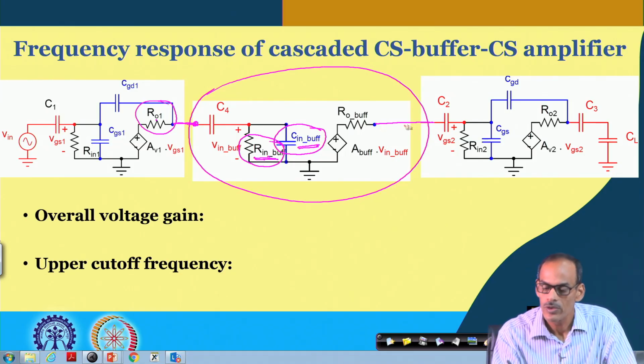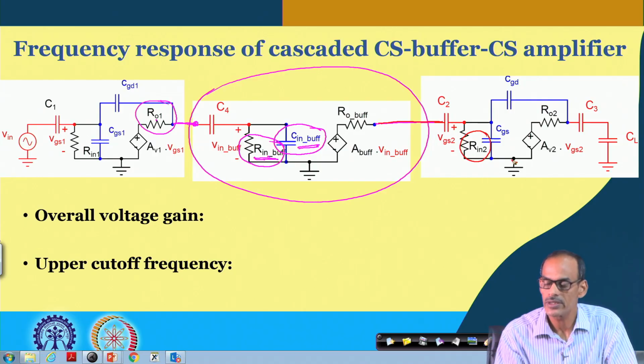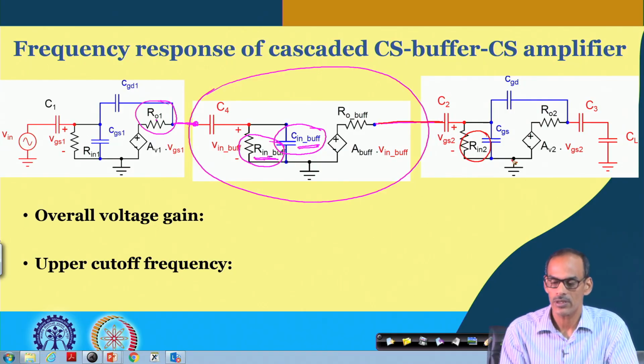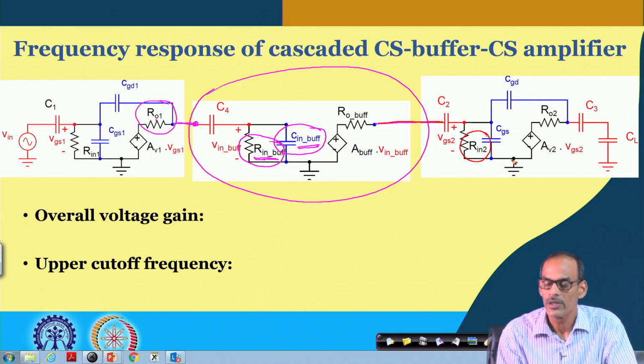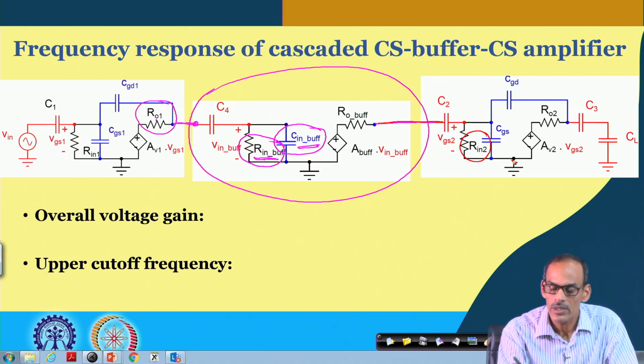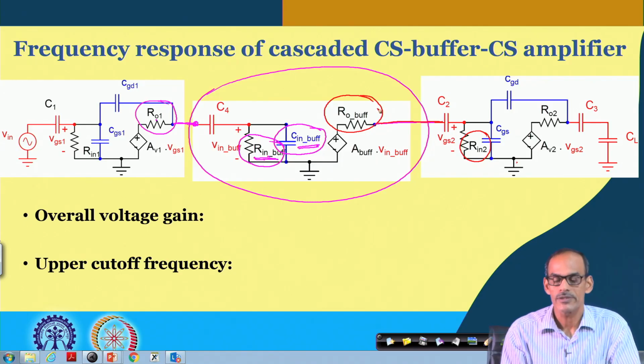To avoid the loading effect at this node, what are we looking for? The input resistance of the second CAS amplifier or CE amplifier, we may not have much control over, but if we make this resistance as small as possible, then the attenuation factor here will be less.